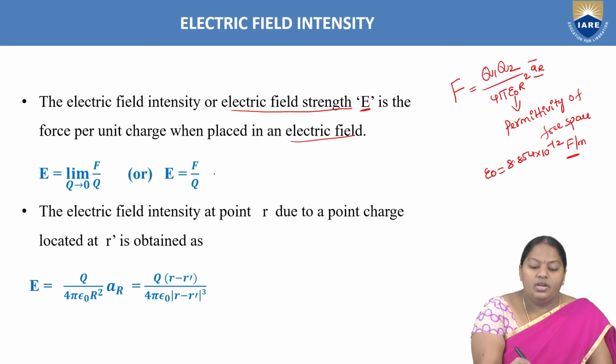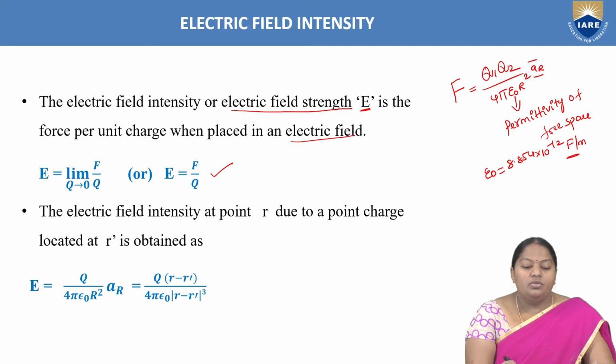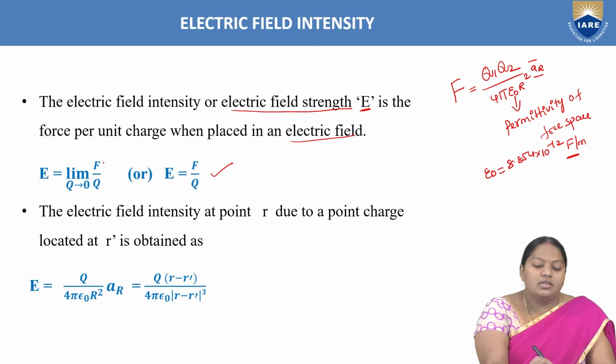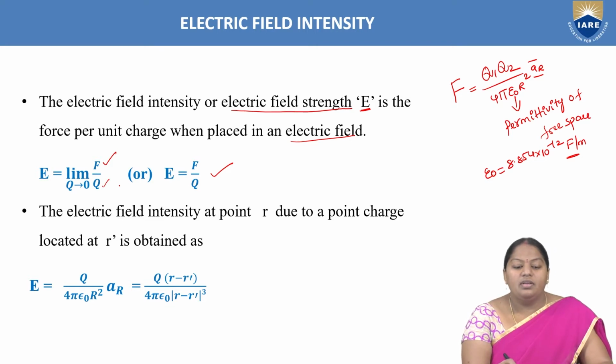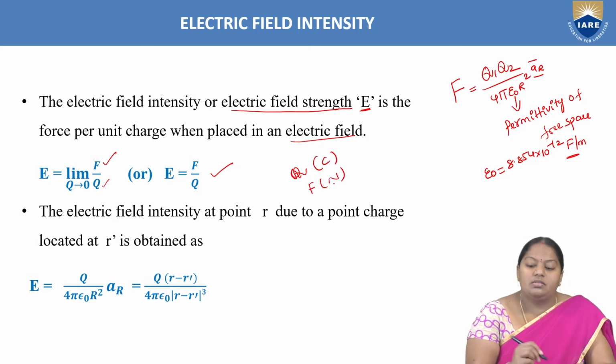Hence the mathematical statement is E equal to limit Q tends to 0 of F by Q, where F is the Coulomb's force and Q is the charge. Q is measured in coulombs and force F is measured in newtons.